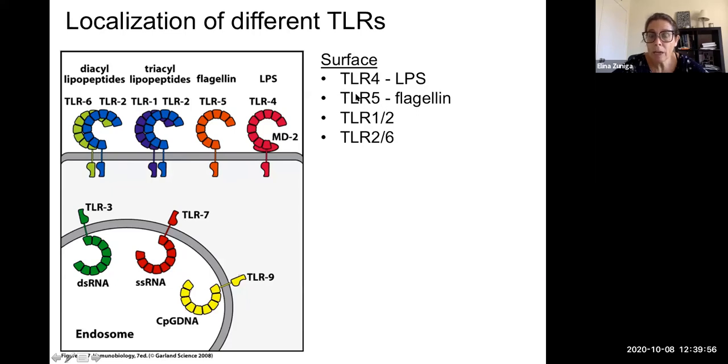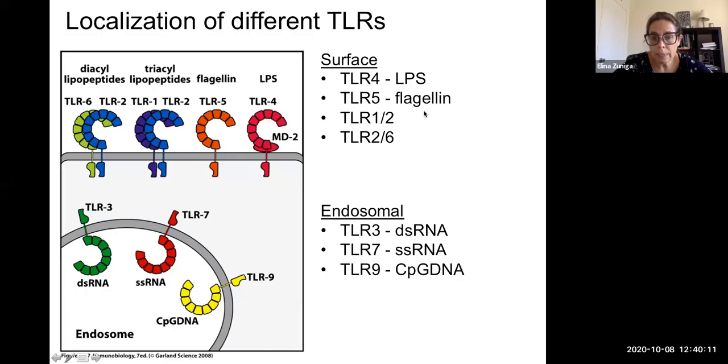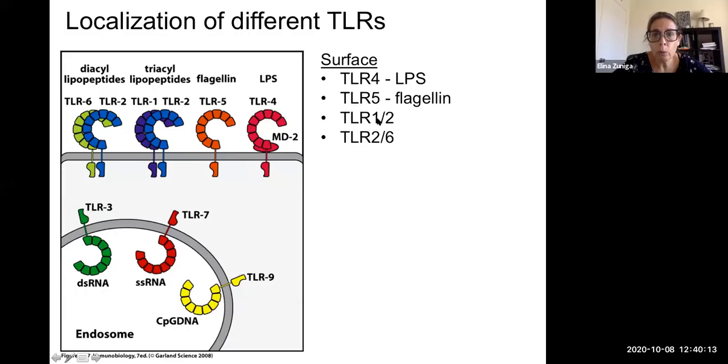Toll-like receptor 5 also localizes in the plasma membrane and recognizes flagellin, which is present in some bacteria and is used for bacterial locomotion. Toll-like receptors 1, 2, and 6 also localize in the plasma membrane.